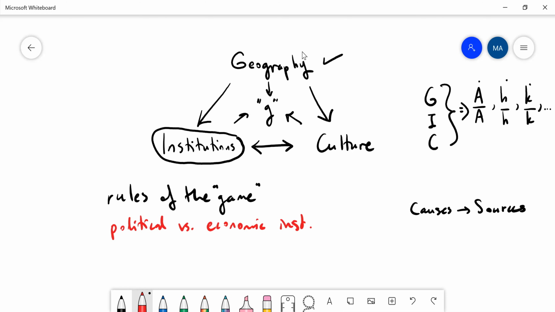The government itself is this huge institution that plays a large role, as we're going to discuss today. And there are also, of course, economic institutions such as the market itself.